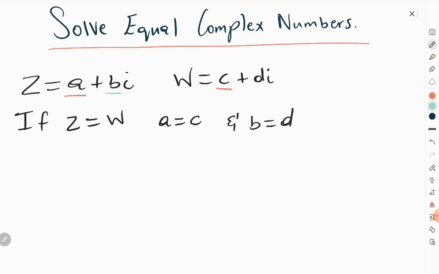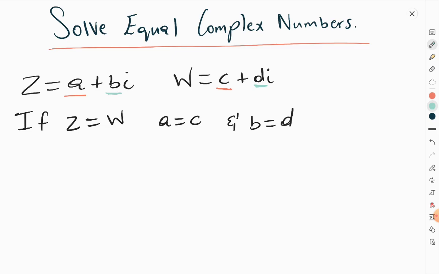Then this B is going to be equal to this D because they are the imaginary parts of them. So basically, if there are two complex numbers that are equal to each other, then the real parts are equal to each other and the imaginary parts are equal to each other.